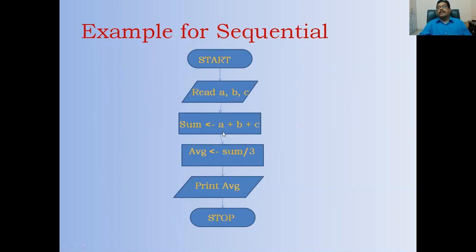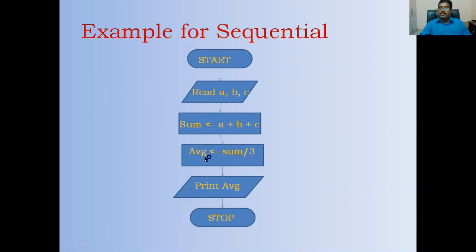After that, we perform some calculation, which is processing, so we take the rectangle: A plus B plus C is added, and that value is assigned to the sum variable.